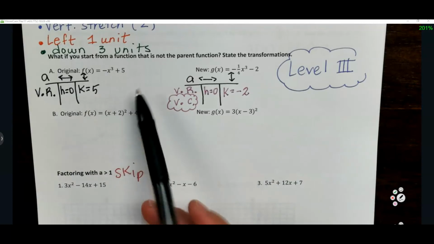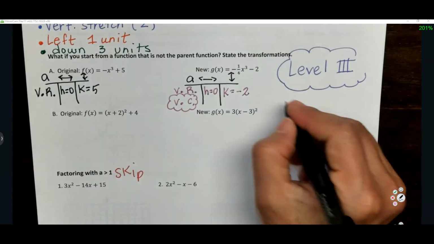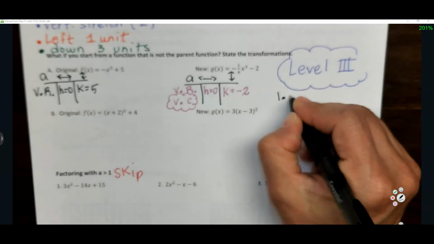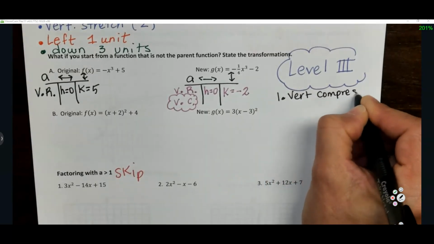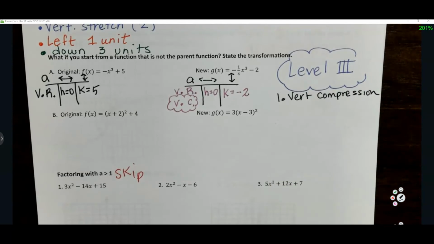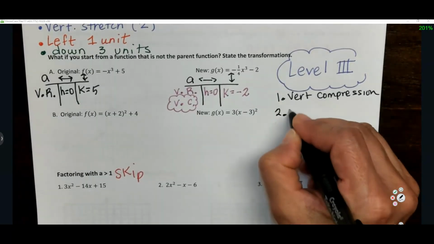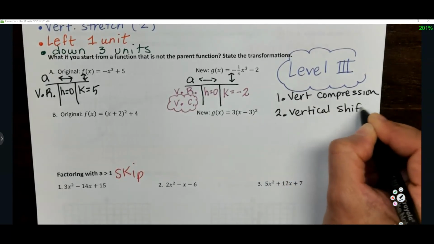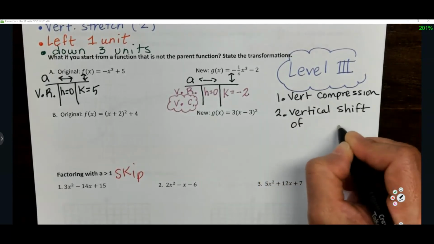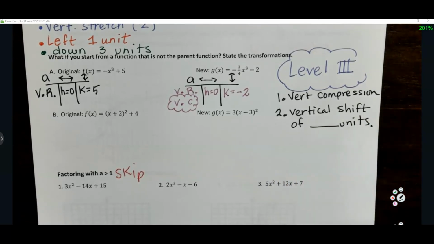All right, so if it says to state the transformations, you have two. The first one that you have is you now have a vertical compression, because remember that 1/4 wasn't there. Then you have a vertical shift of, and if you already know it, cool, but just hang on, wait for the rest of us.